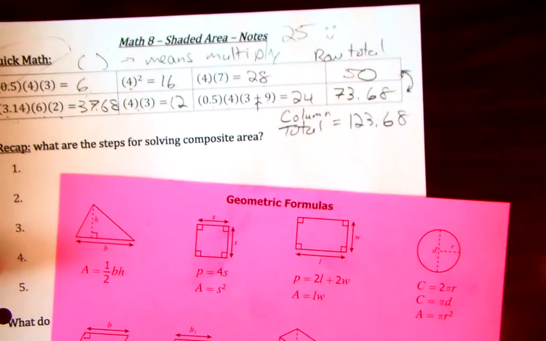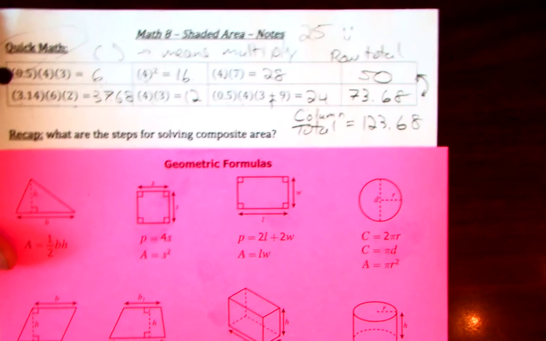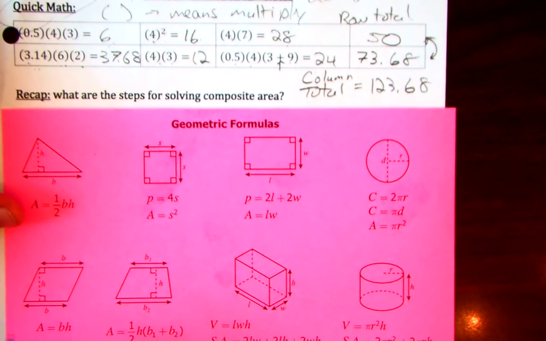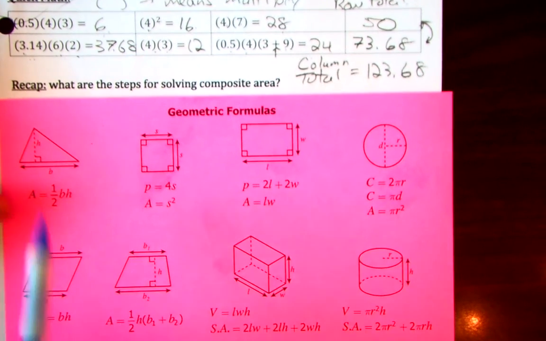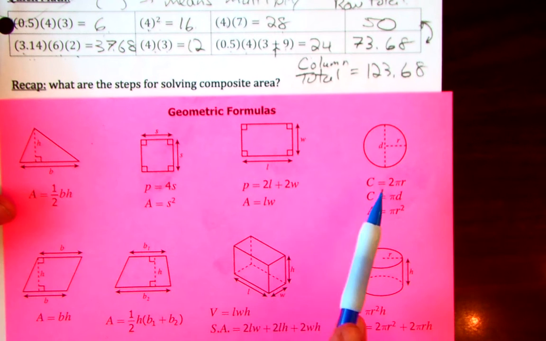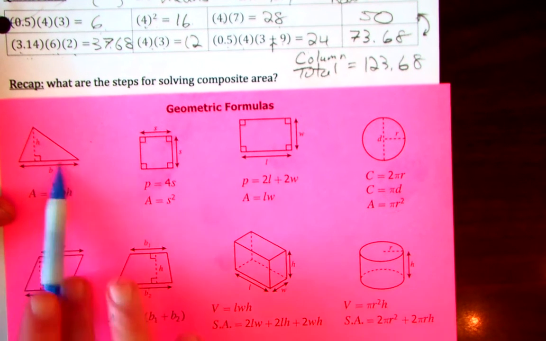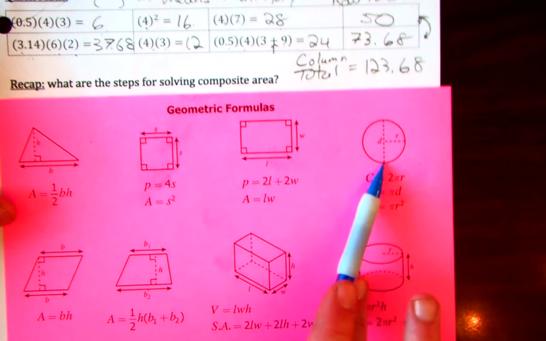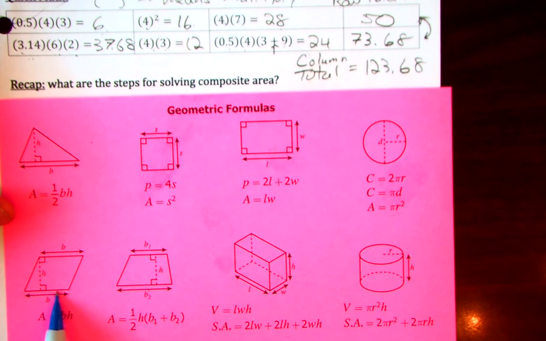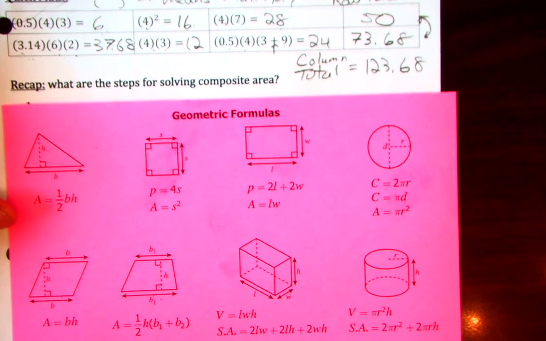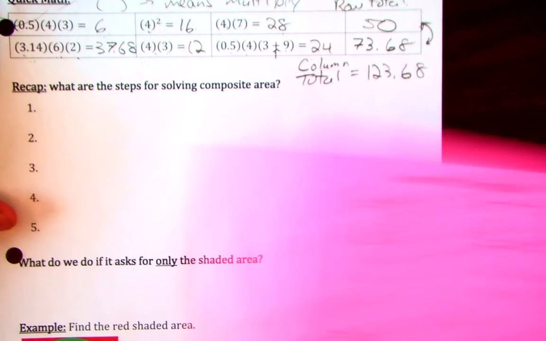If you are able to do this, you are able to do composite area, meaning I just found examples of these first four 2D shapes, and these other two 2D shapes. Again, a triangle, square, rectangle, circle, parallelogram, and trapezoid. So I was able to give examples for each of those and multiply them.